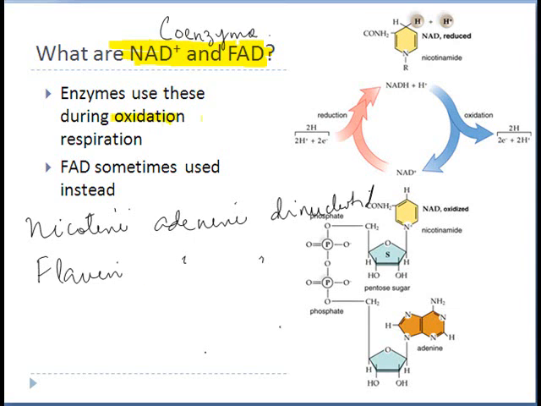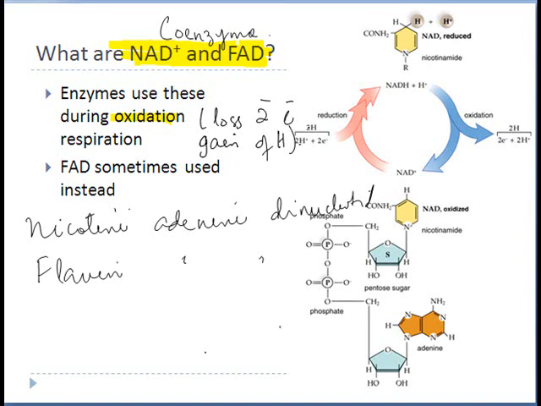Remember, oxidation means loss of electrons, and it is always followed by gain of hydrogen. So whenever oxidation takes place, you will find that the other molecule gains the hydrogen.